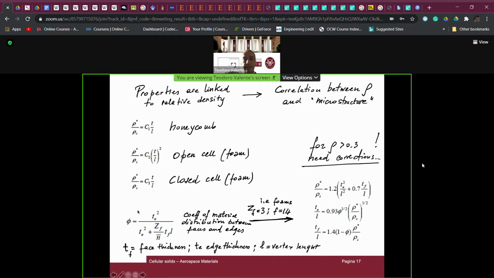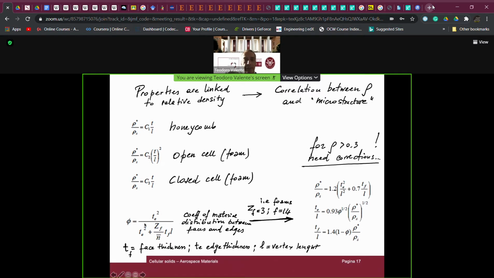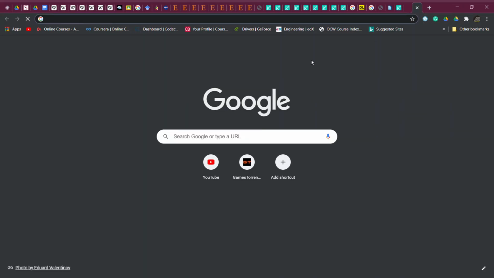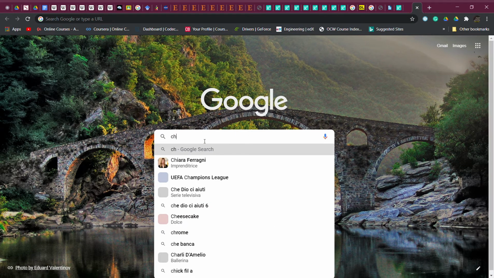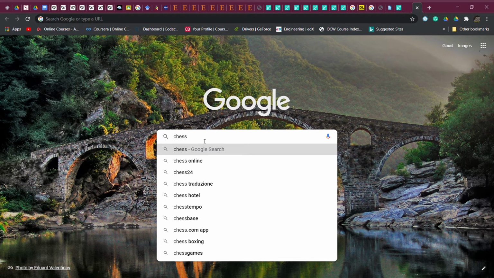In the case of closed cells, that is the case in which we do have mass on the faces, we can define another coefficient phi, which has the following meaning. It's a coefficient which tells us what is the material distribution, the mass distribution between faces and edges.